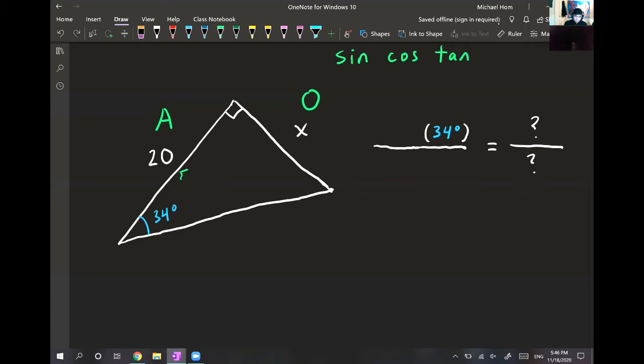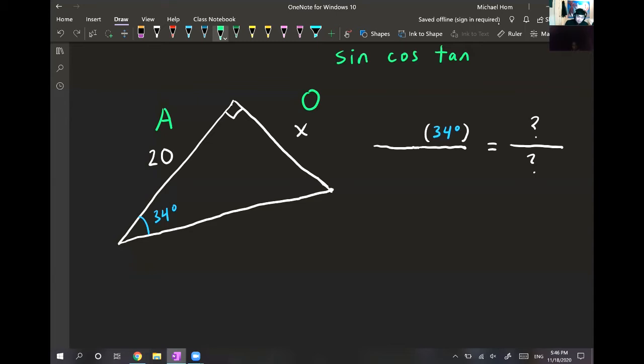So 20 is the adjacent because it's beside the angle, and x is the opposite because it has the 90-degree sign beside it, so that's how I knew it was opposite.